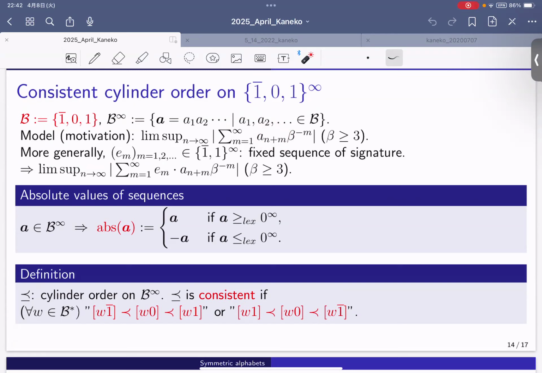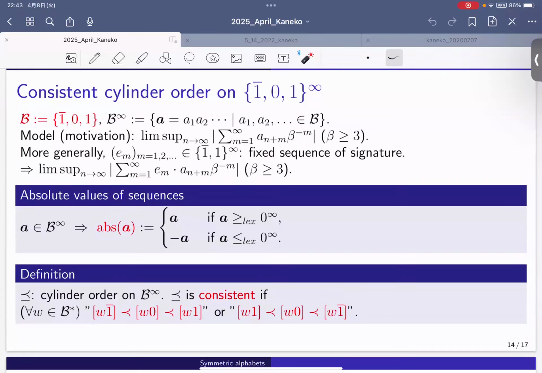For example, we consider negative beta expansions and the general signature. So we consider general order related to this problem. Because the motivation is absolute value, we consider absolute values of sequences.